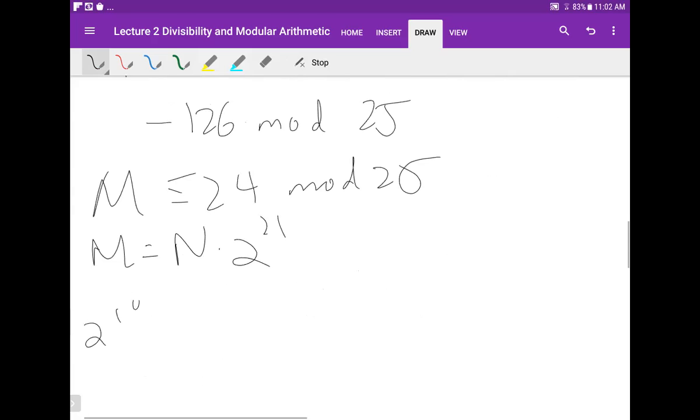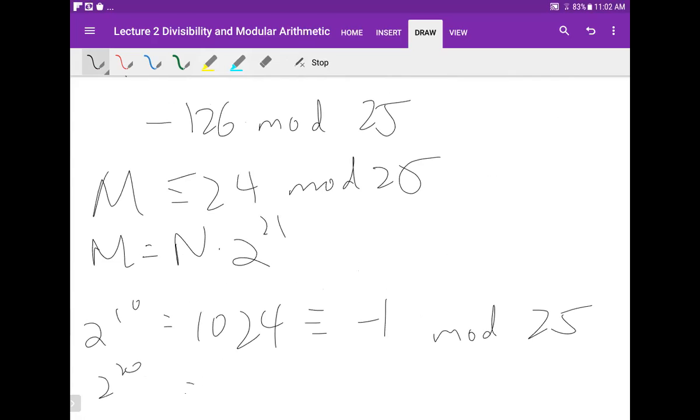So 2 to the 10 is 1024, right? And 1024 is -1 mod 25. And that means 2 to the 20 is -1 squared mod 25, right? So that's 1 mod 25, and then 2 to the 21 would be just 2 mod 25. So that's equal to 2n mod 25.